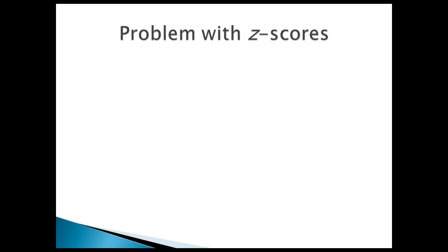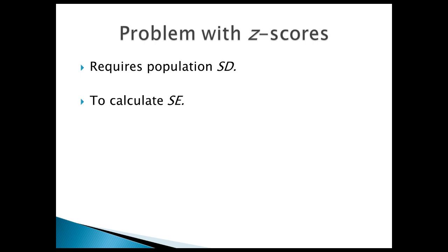So what are some problems with z-scores? It requires the population standard deviation. We don't always know that. You know, we can make an estimate of it, but sometimes that value is unknown. That makes it difficult to calculate standard error if you don't know your actual population standard deviation.